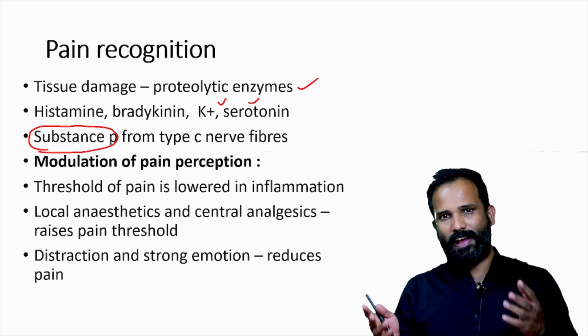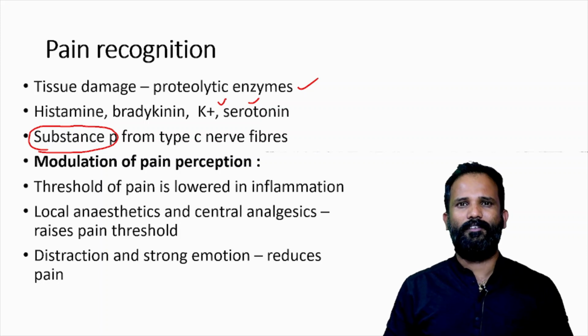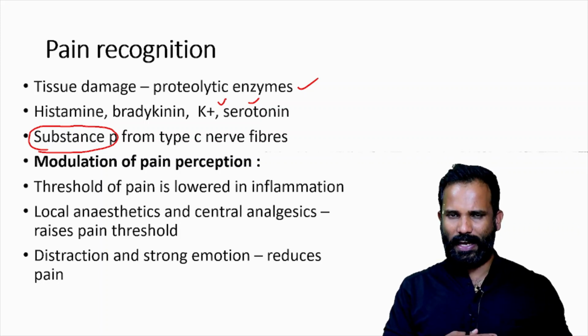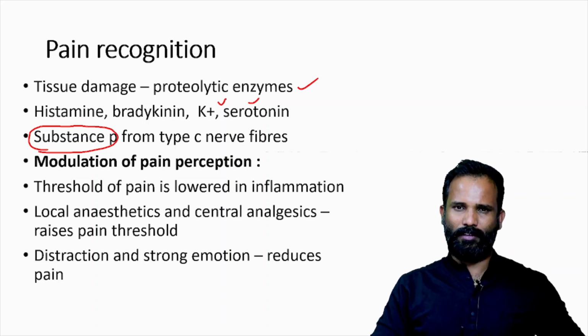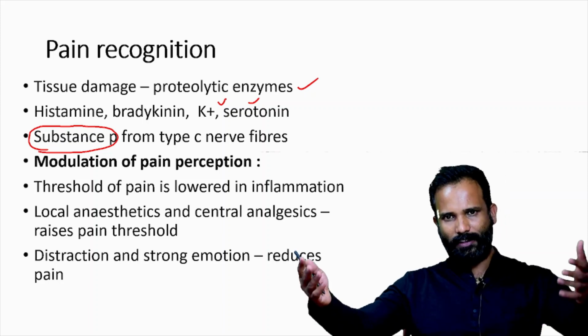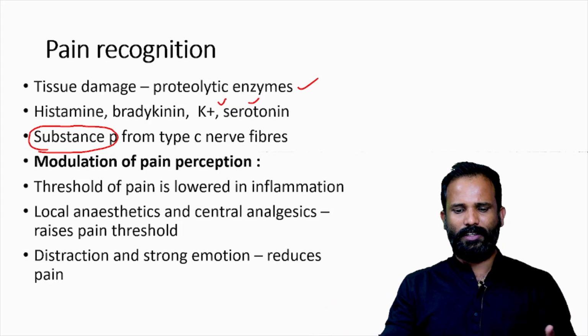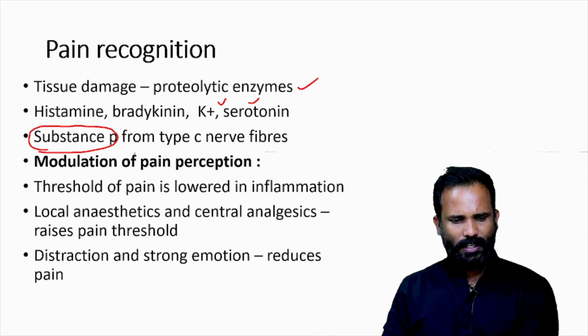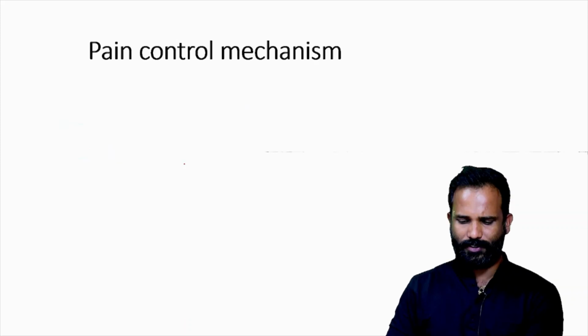And distraction and strong emotions will reduce the pain. Usually in the battlefield, even though they have an injury, they will continue the war and come out because there's strong emotion, they don't feel that pain. So distraction and strong emotion reduce the pain.